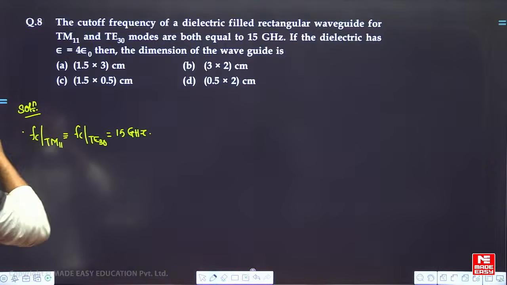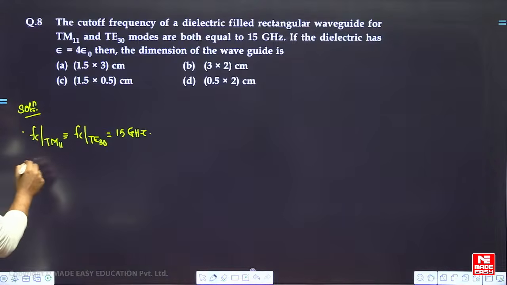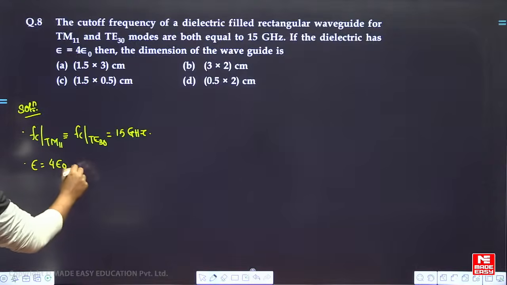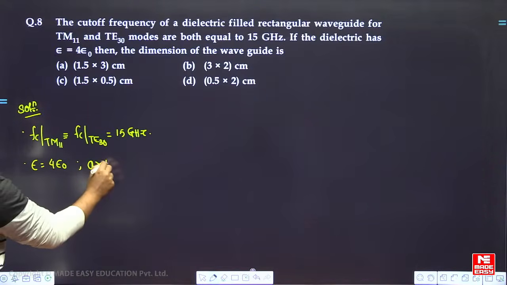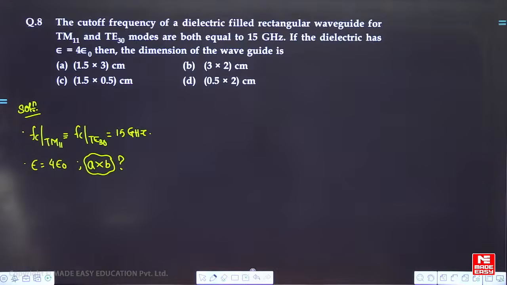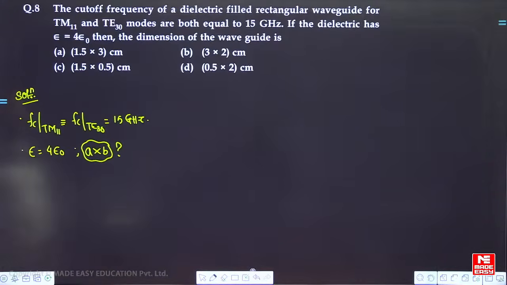If the dielectric has epsilon equal to 4 times epsilon naught, then they are asking what is the value of A into B. Fine.